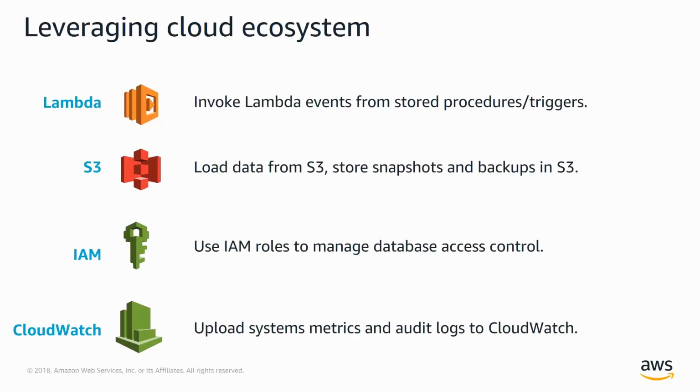But something that's different and unique about Aurora, and actually the MySQL databases that run on RDS, which we'll talk about a little bit later, is that you can authenticate your application into the database itself using IAM authentication.